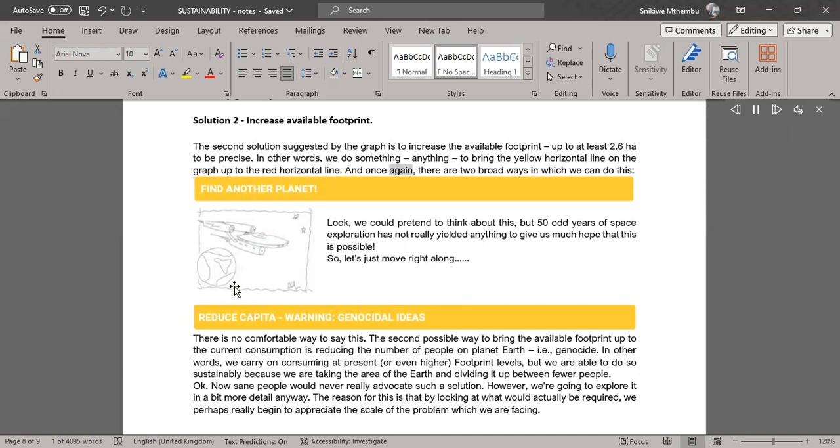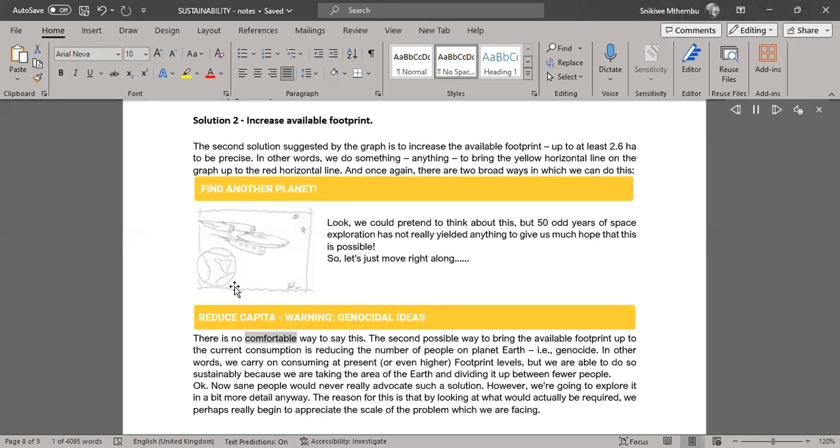And once again, there are 2 broad ways in which we can do this. Look, we could pretend to think about this, but 50-odd years of space exploration has not really yielded anything to give us much hope that this is possible. So, let's just move right along.